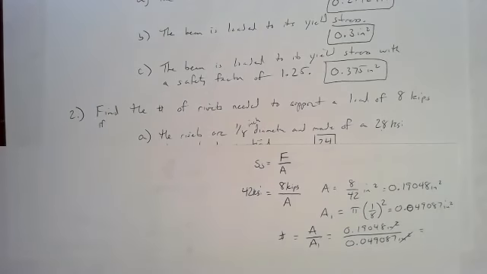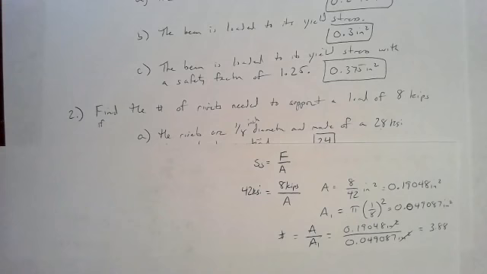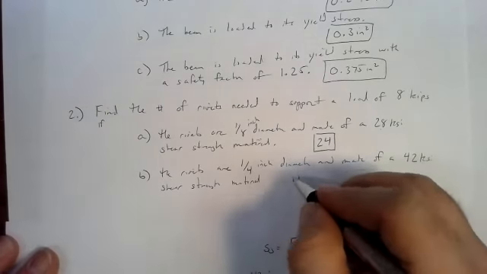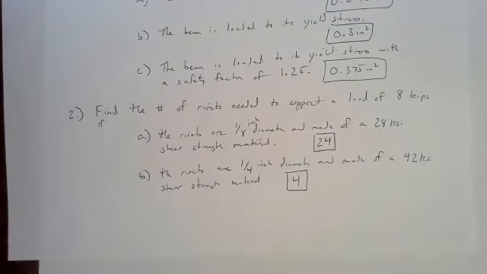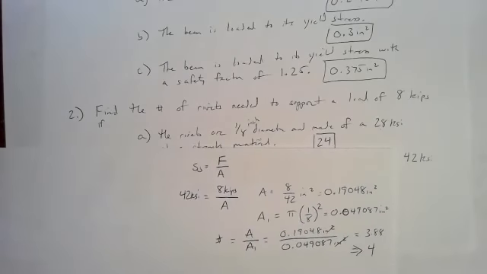So 0.19048 divided by 0.049087. And that comes out to 3.8805. I think I'll just leave it at 3.88 since I know I'm going to have to go to 4. So it's only going to take 4 rivets to do the same job in that situation. Stronger rivets and larger area.